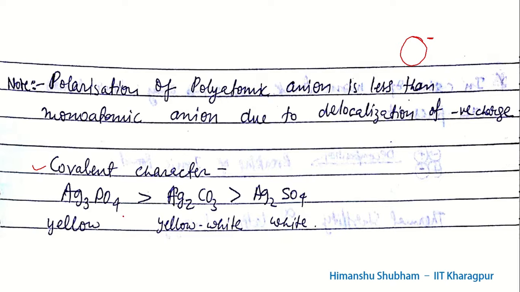And so the color of Ag3PO4, which is the most covalent of these three, is yellow, and the least covalent, Ag2SO4, is white, and the intermediate, Ag2CO3, is yellowish white. Now this was all that was to be told in this lecture.